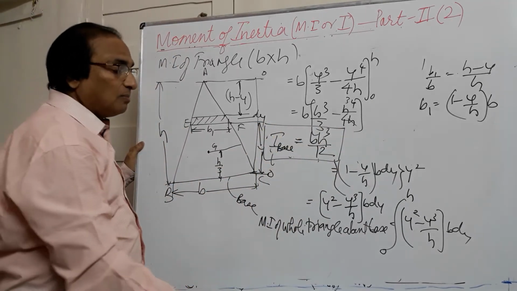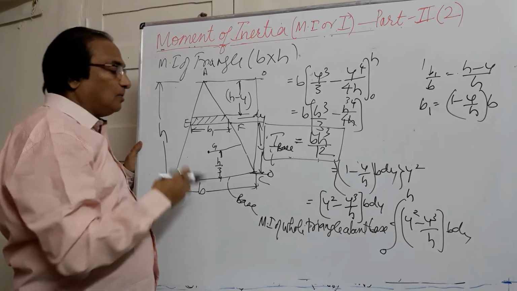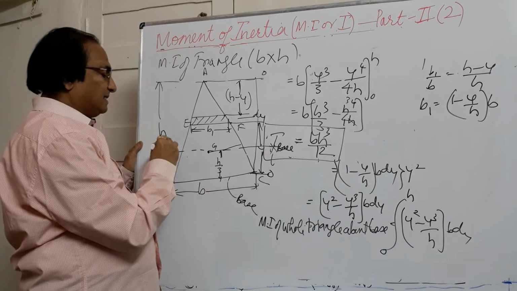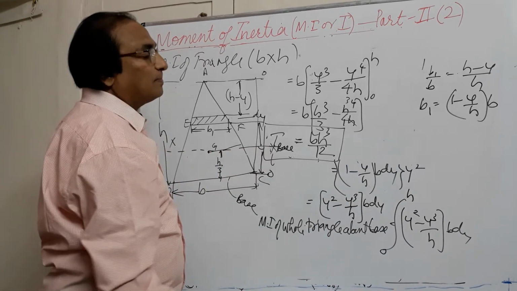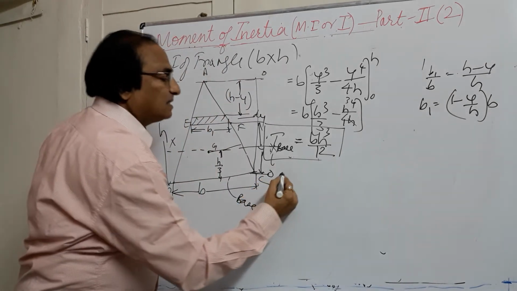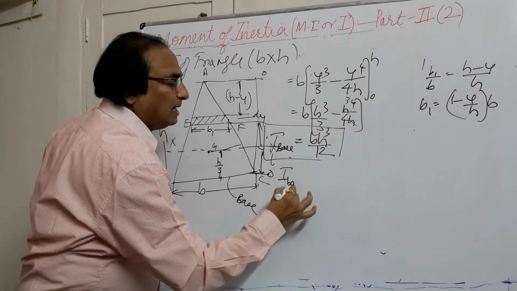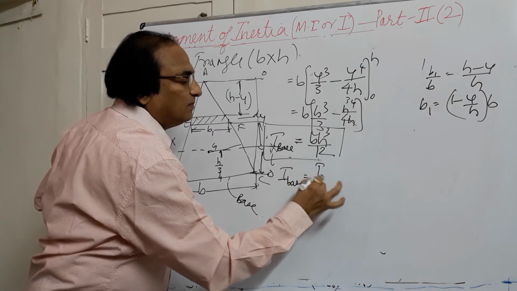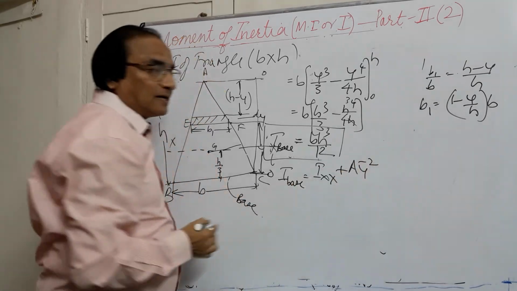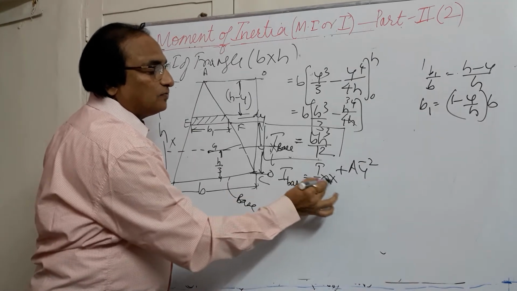Now I don't want the moment of inertia about the base. I want the moment of inertia about the centroidal x-axis. So let us use here the parallel axis theorem. We know moment of inertia about any axis is equal to moment of inertia about its own axis plus A into y bar square. So our interest is to find out Ixx.